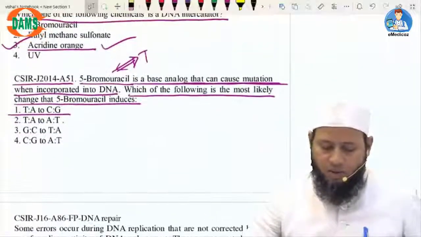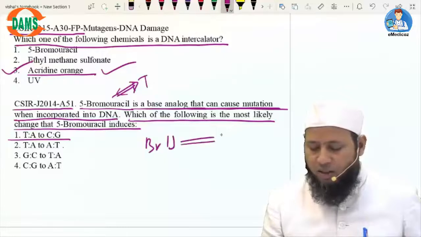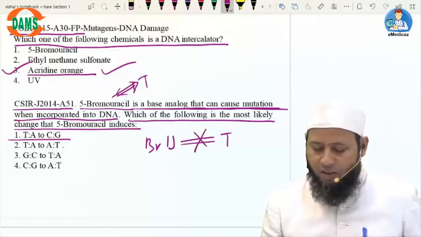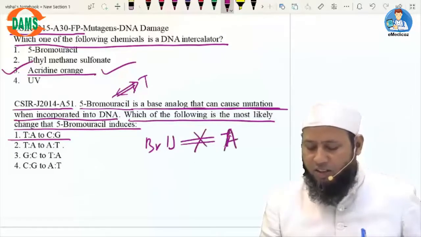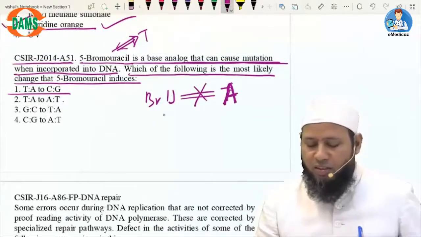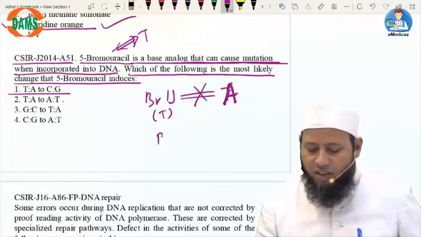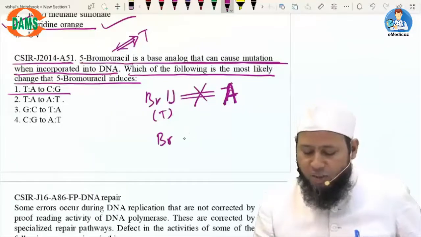So the bromouracil, rather than T, yeah, this is the problem. Bromouracil should behave like T, but it does not hybridize with A. Rather, I missed something in my mind.